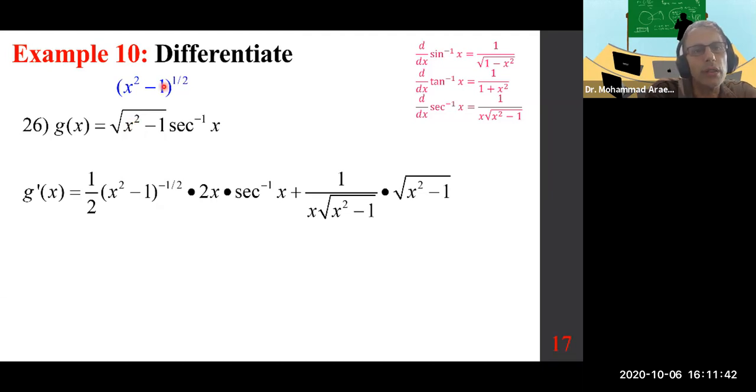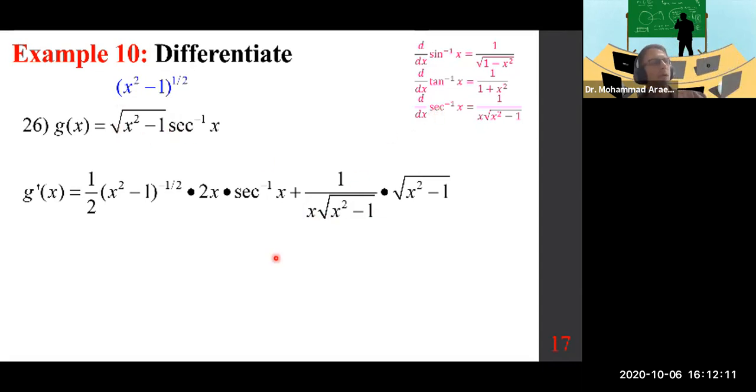From the blue one, 1/2 sits in front. X squared minus 1, you raise it to the power of 1/2 minus 1, negative 1/2. By the chain rule, the derivative of the inside is 2x. By the product rule, times secant inverse. So that's done. What about secant inverse? Simply put this one, you have it here, and then by the product rule times the first piece.